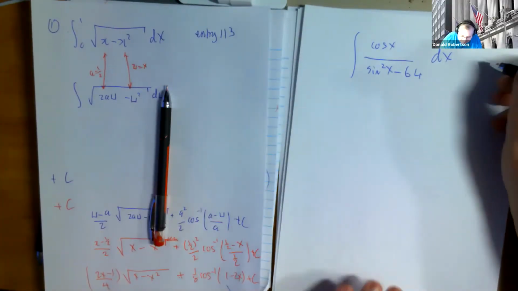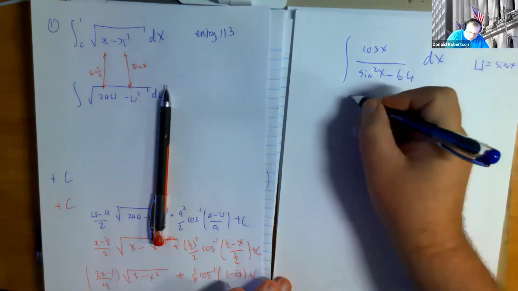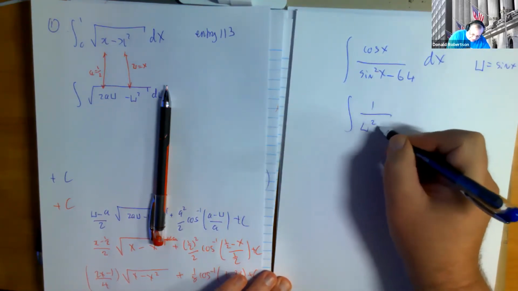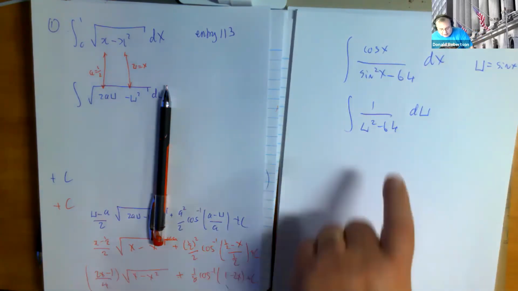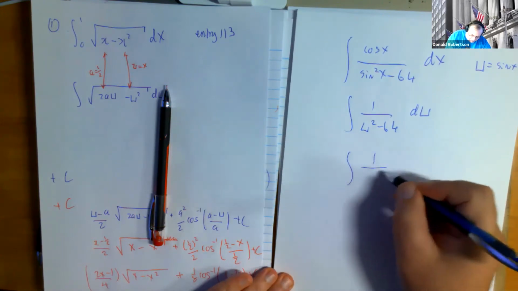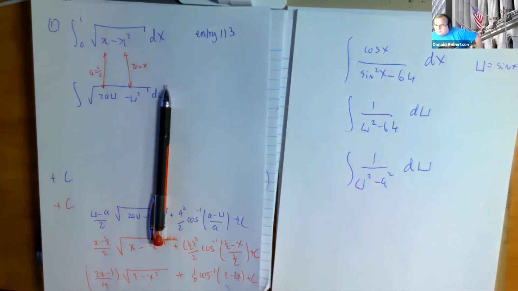Right. If you use sin x as your U sub, can you trust me that you end up with that guy? Do you know that guy will look like this guy in the tables?